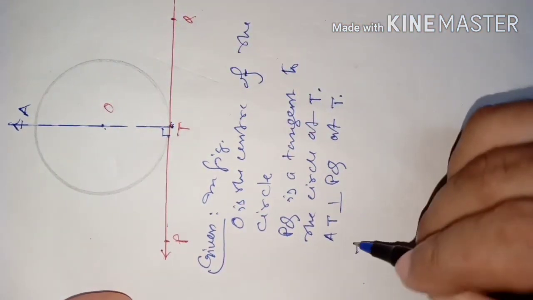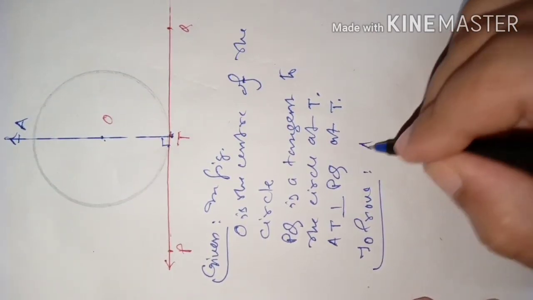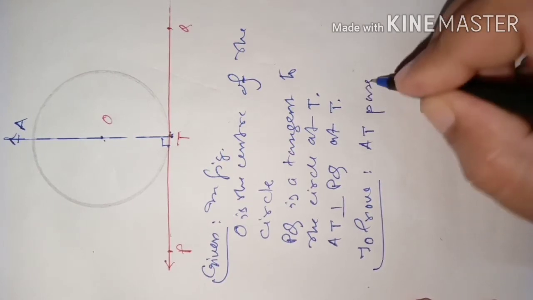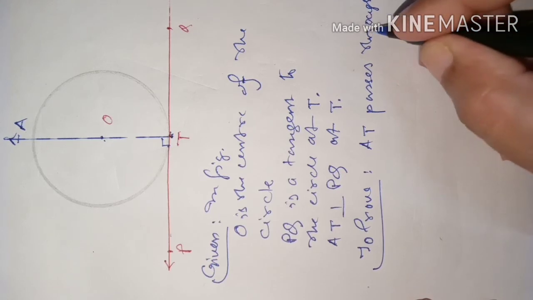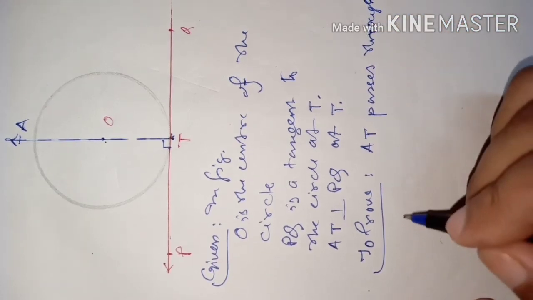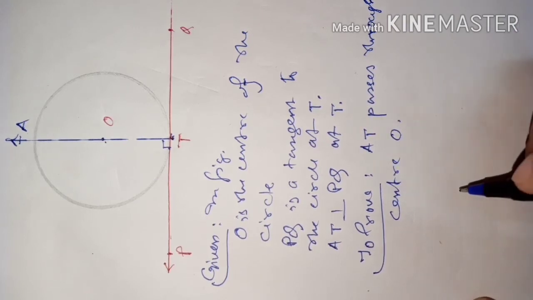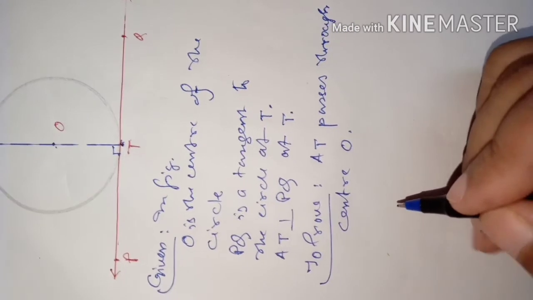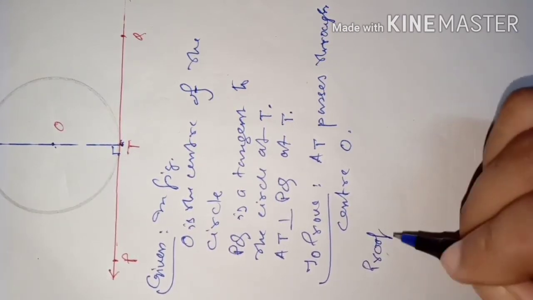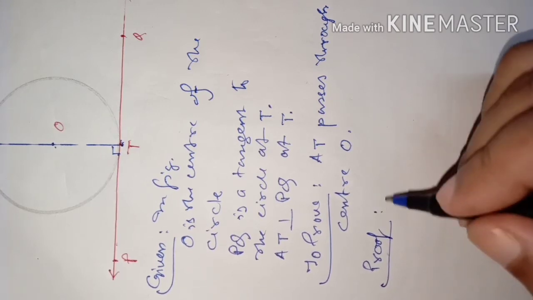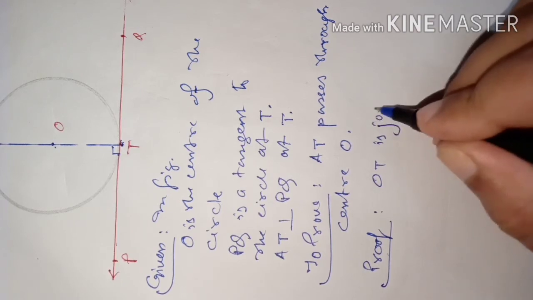So to prove: AT passes through center O. Okay, AT passes through center O. Proof. OT is joined. You say like this, OT is joined.